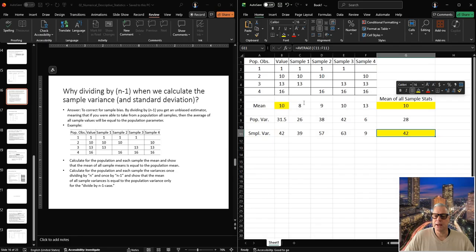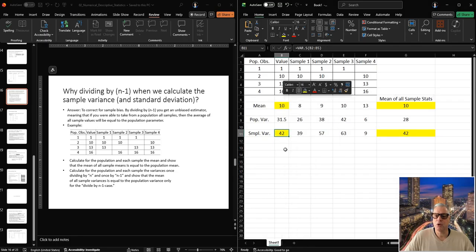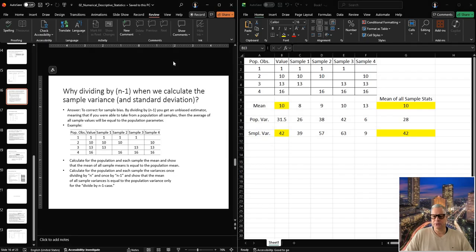In other words, using the formula dividing by n-1 gives us an unbiased estimator, in the sense that the average of the sample statistic over all possible samples is the same as the population parameter when we use n-1.